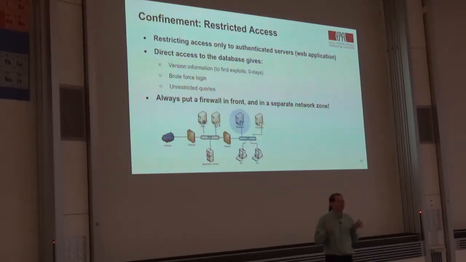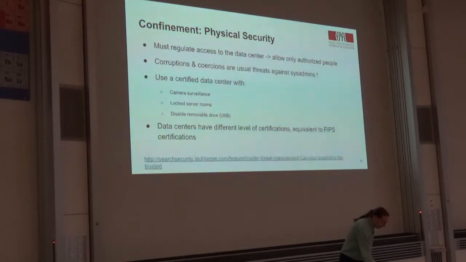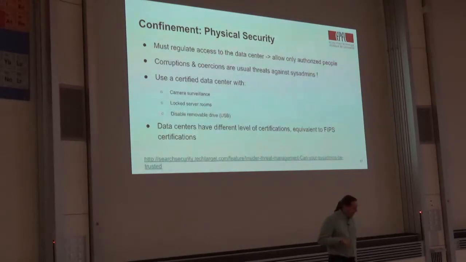I'm just trying to give you a flavor of the types of practices and considerations that need to be implemented in order to keep databases and the data on them relatively secure in today's environment. Okay, so various host security practices: configure the thing correctly and think about the privileges in terms of configuration.